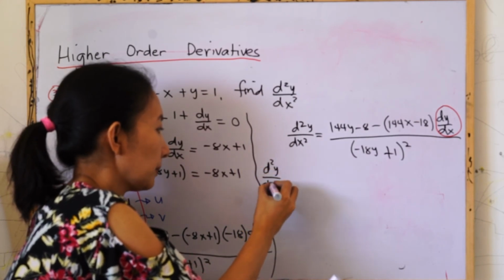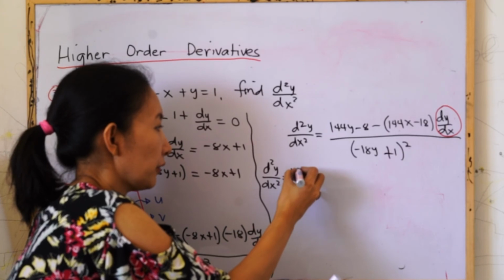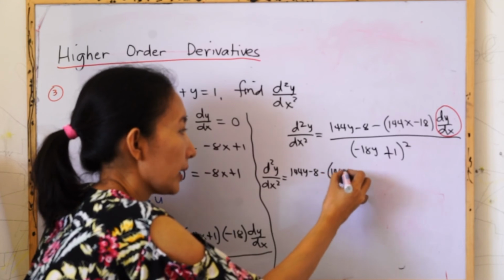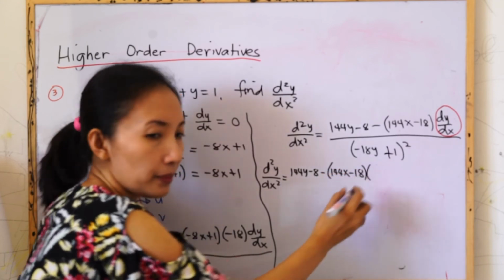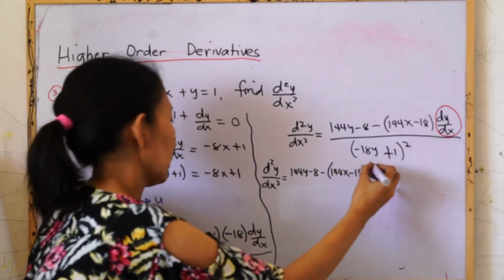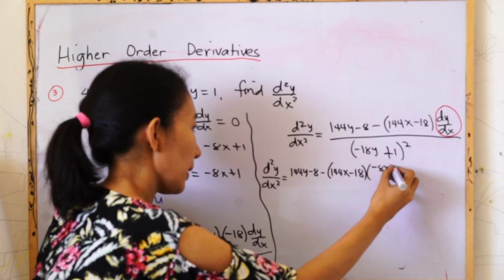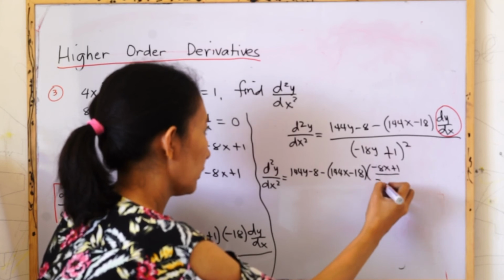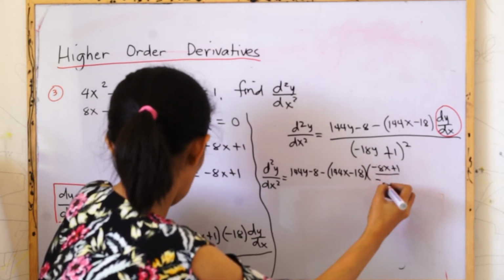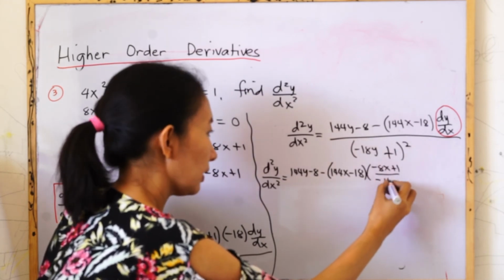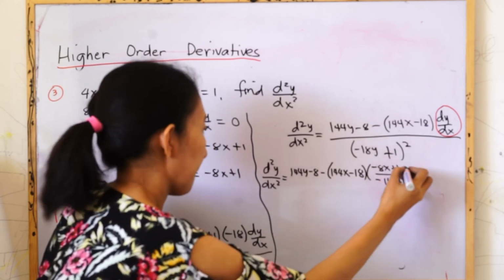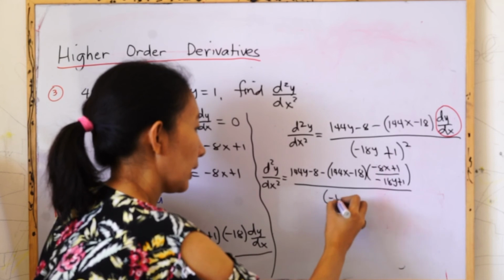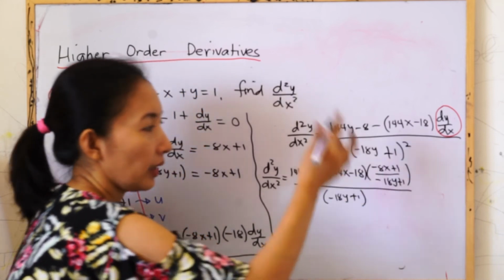So d squared y over dx squared equals 144y minus 8 minus the quantity 144x minus 18 times dy over dx, all over negative 18y plus 1. And simplify further.